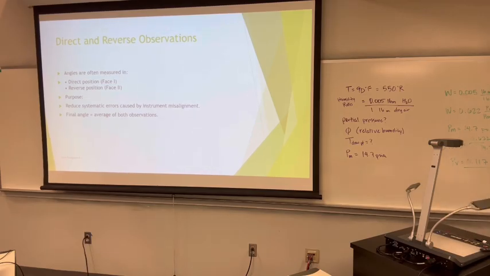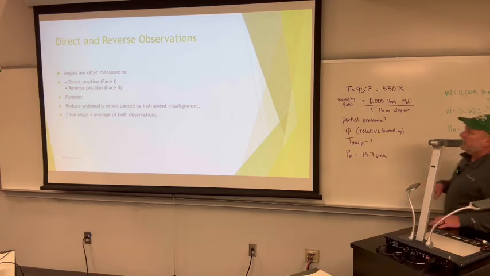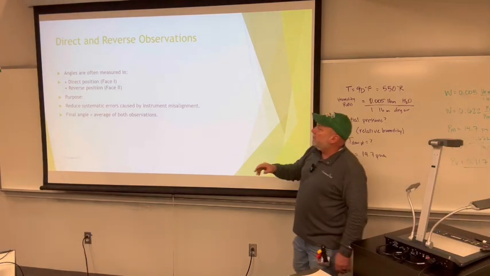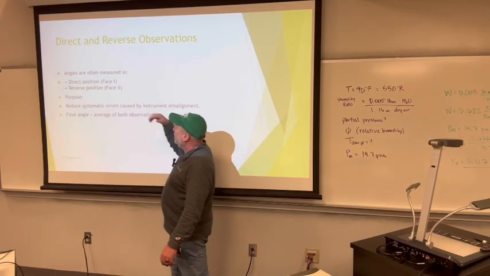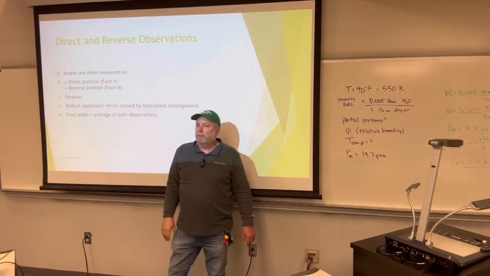Now here's an important thing to think of too, direct and reverse observations. We measure angles twice, minimum of twice. We measure in a direct and an indirect or reverse position. With the Trimble stuff, you'll see measuring in face 1 or face 2.